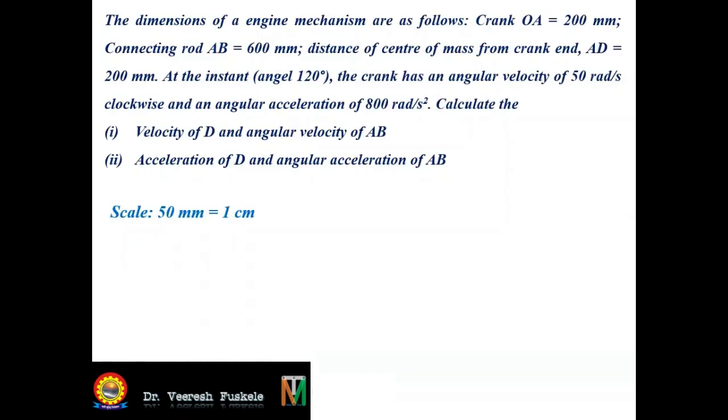So to start with drawing the configuration diagram, we draw a central line. On this central line, we take a point O at which the crank OA is hinged, and it will also be the center of rotation of crank OA. At point O, we draw a line at an angle of 120 degrees.